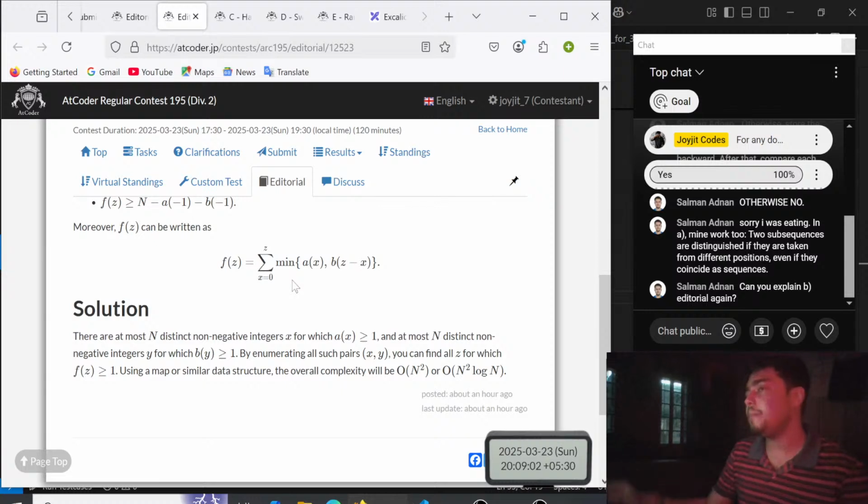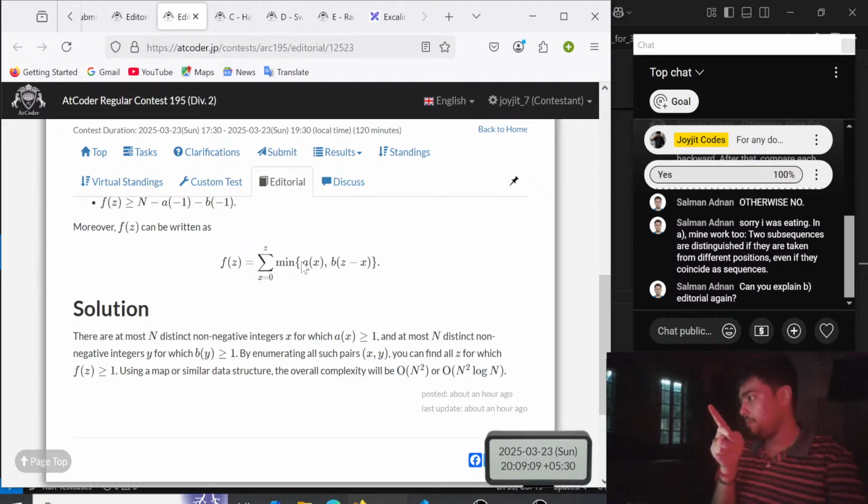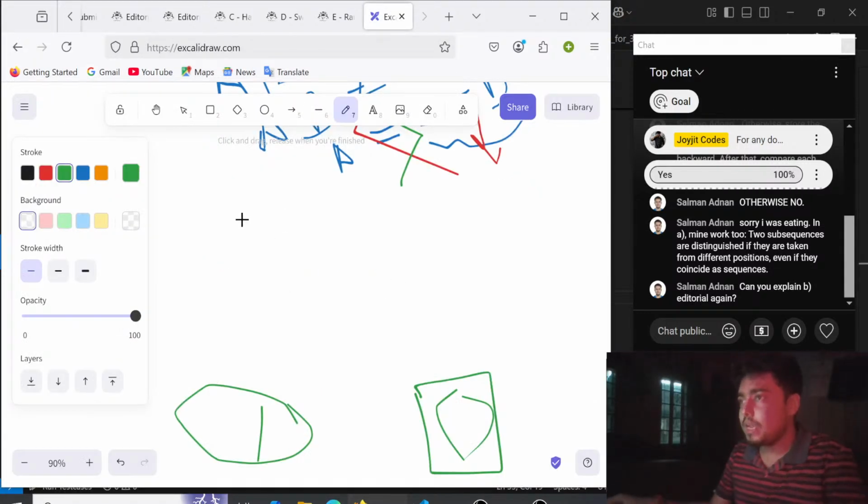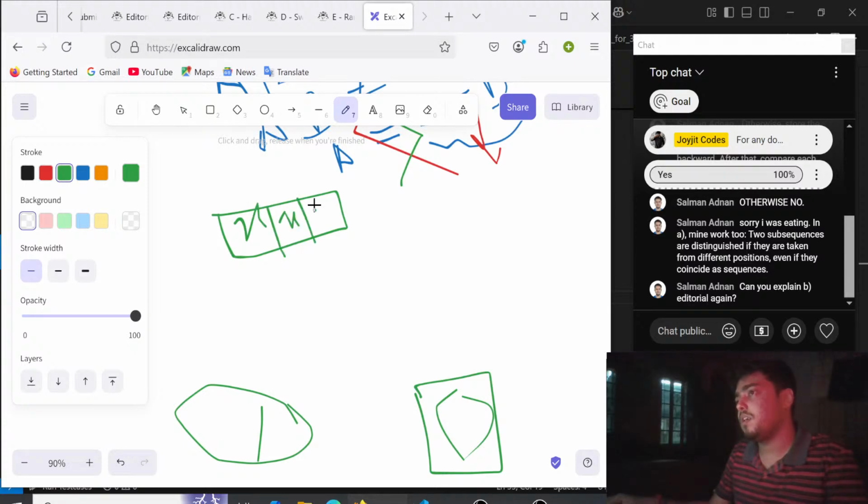Now what do I mean by a of x? Any idea? It means how many elements are there in A which is equal to x, and how many elements are there in B which is equal to z minus x. So let's say there are 3 elements in A which is x, and there are 2 elements in B which is z minus x.